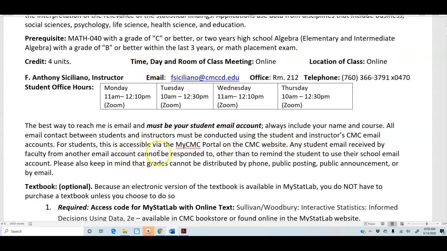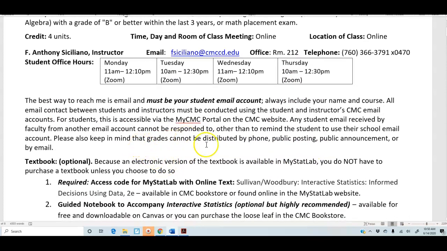For students, this is accessible via the My CMC portal on the CMC website. Any student email received by faculty from another email account cannot be responded to other than to remind the student to use their school email account. Please also keep in mind that grades cannot be distributed by phone, public posting, public announcement, or by email.